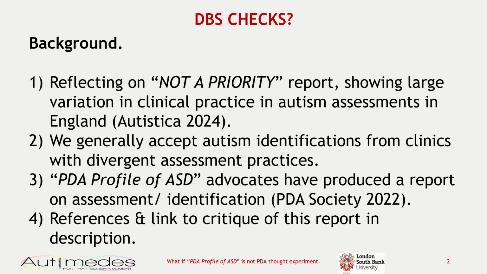It's just a quick thought experiment reflecting upon the large amount of variation in clinical practice in how autism is assessed and diagnosed. I'm mainly drawing on a recent report by Autistica in the UK on that, and it's mainly talking about autism assessments in England, but it's more broadly applicable to the rest of the Western world.